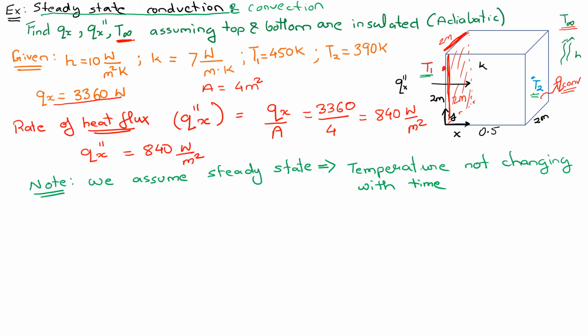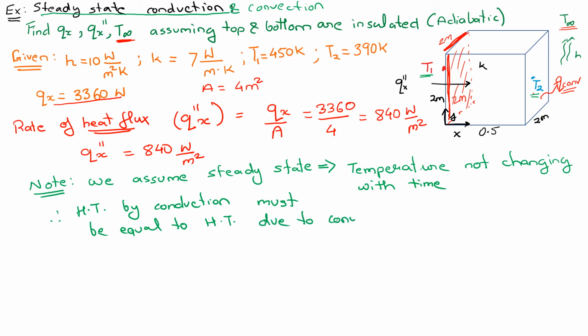So what this means is that for T2 to remain constant, the heat transferred by conduction must be equal to heat transfer due to convection.